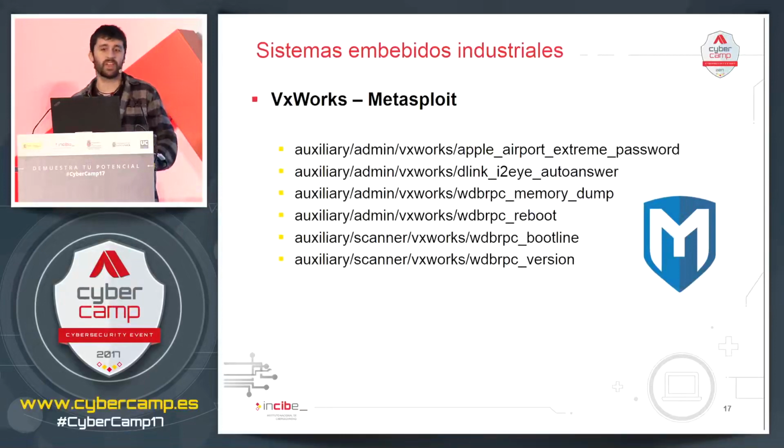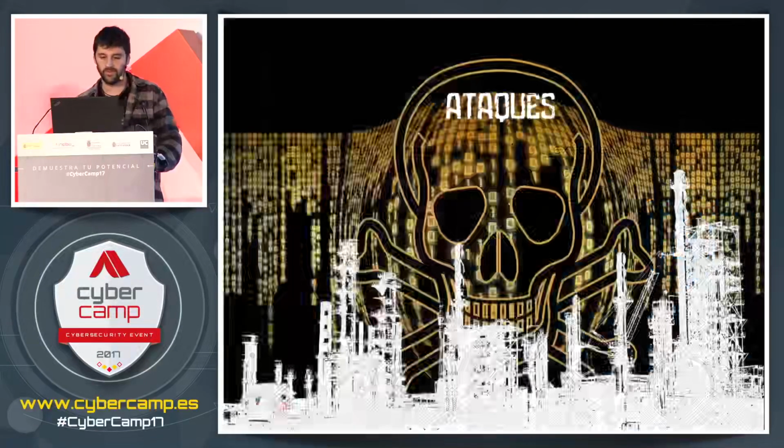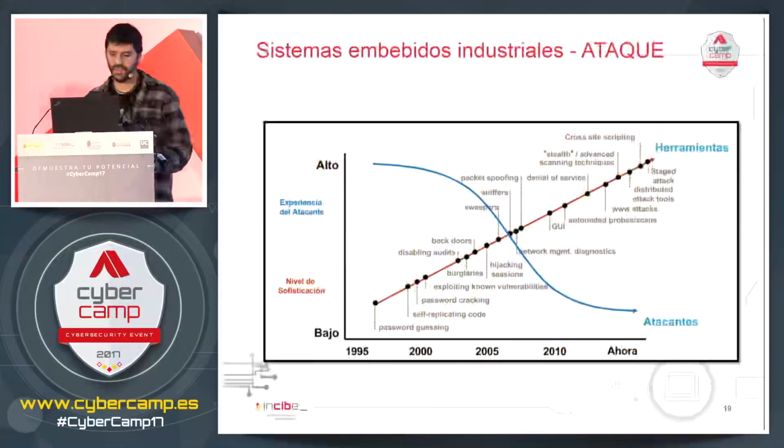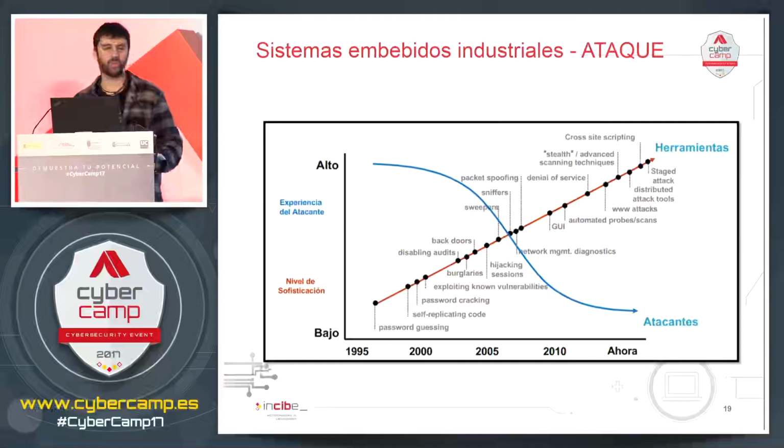VxWorks, Metasploit. Here you can download the memory, reboot the device. Look at VxWorks, etc. Attacks. Well, here we're going to spend a bit more time. Here we see how attackers and hackers evolved, their experience and the sophistication of their attacks.